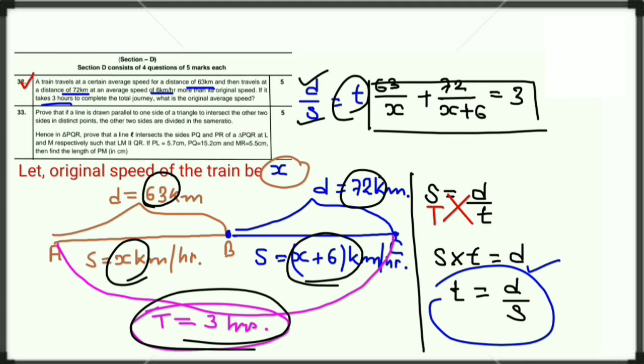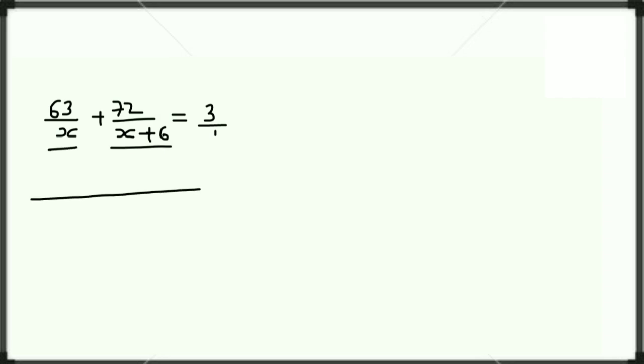Okay, firstly let's proceed to a new page. We have the equation 63 by x plus 72 by x plus 6 equal to 3. Now let's assume 3 as 3 by 1, and here the LCM of x and x plus 6 will be x into x plus 6 itself.